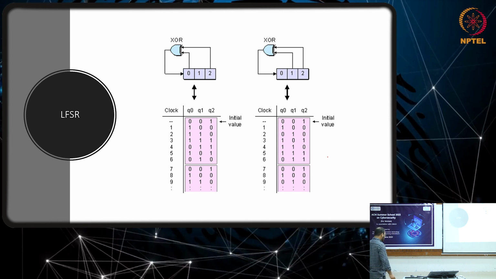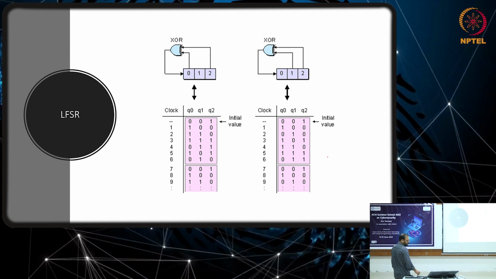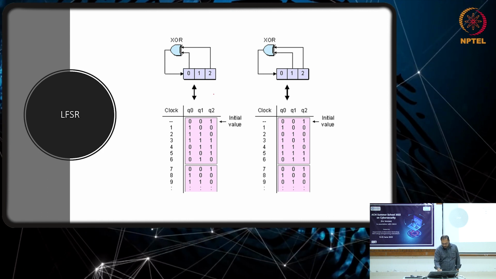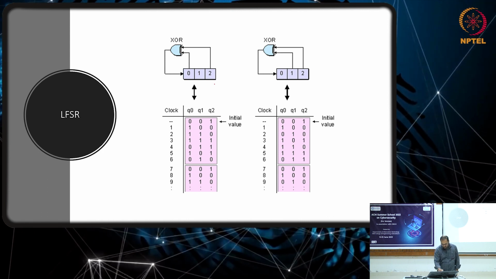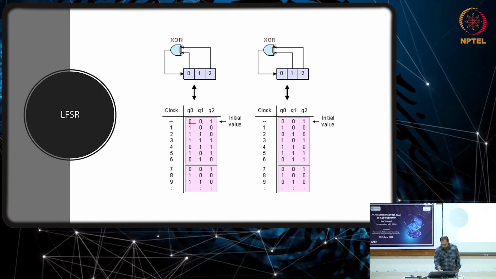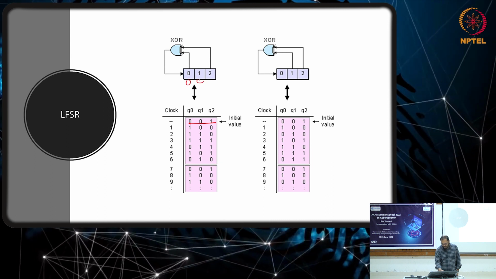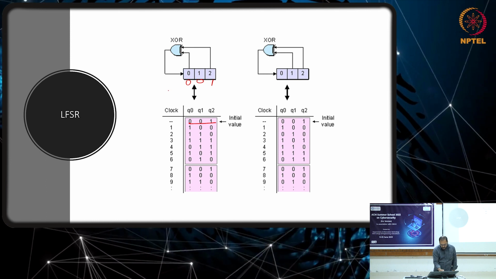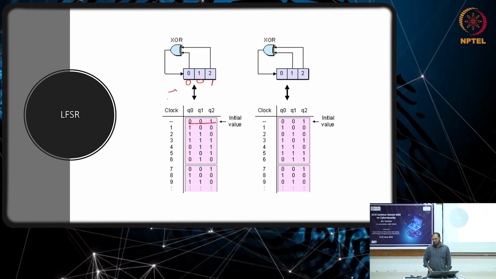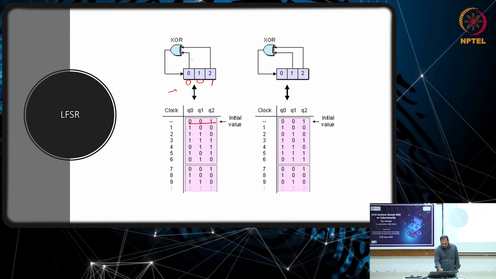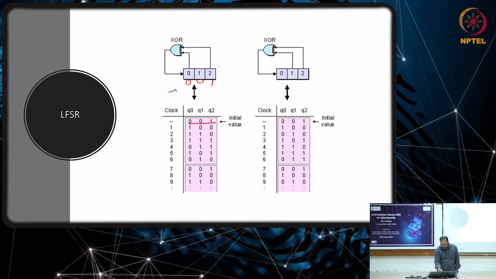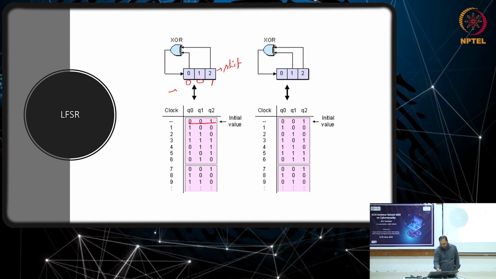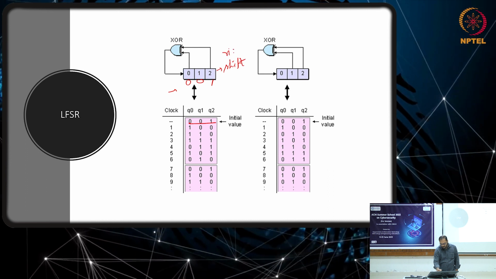Okay. So for this example, what we are going to do is, this is just a 3-bit register, and let's say initial value is 001, 001, right? Now I'm telling for the next clock cycle. This is simple shift register, or you can say right shift.